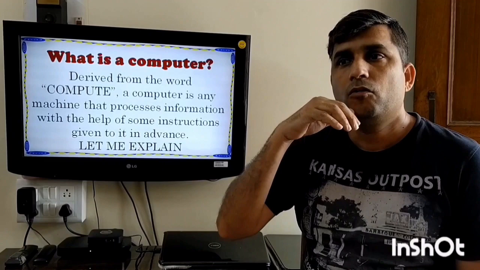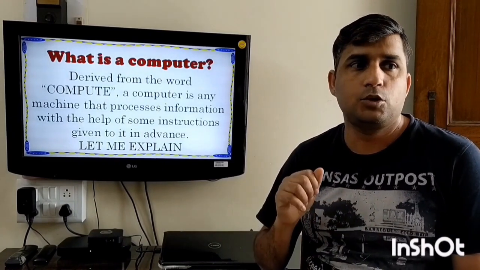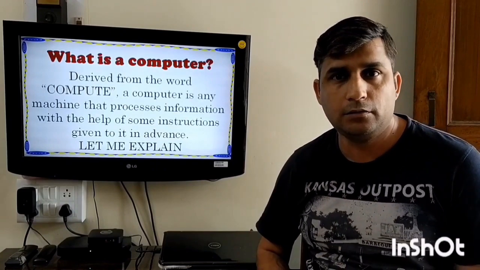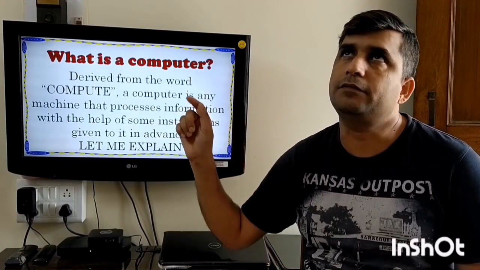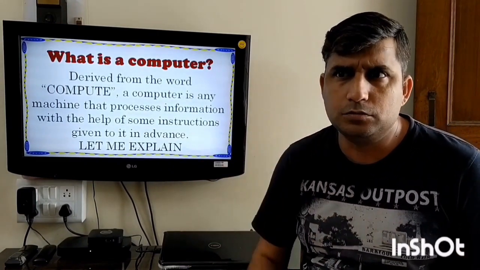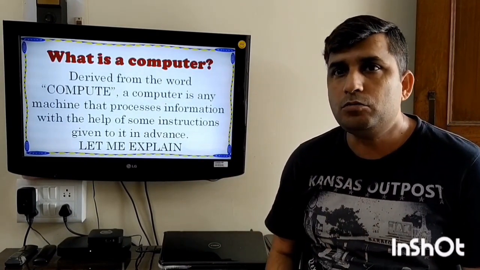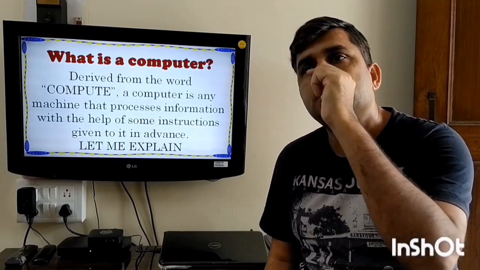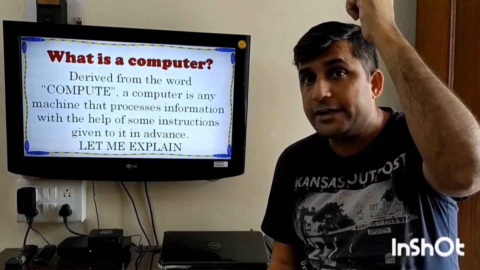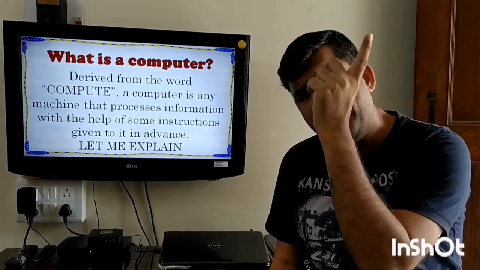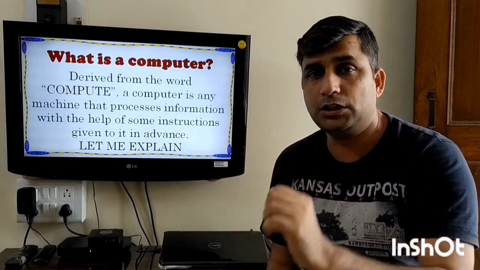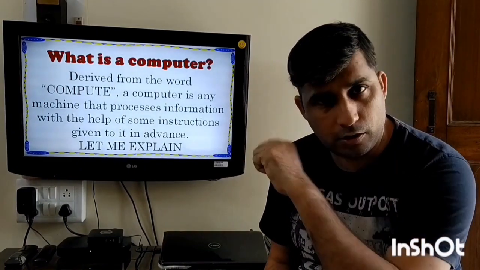Like when you were a child, you were taught 1, 2, 3, 4, 5, 6, 7, 8, 9, 10. Later on, if I ask you, what is 2 plus 2? What does your brain do? Your brain compares this problem with what you had learned earlier. It makes calculations inside and gives you the answer. 2 plus 2 equals 4.